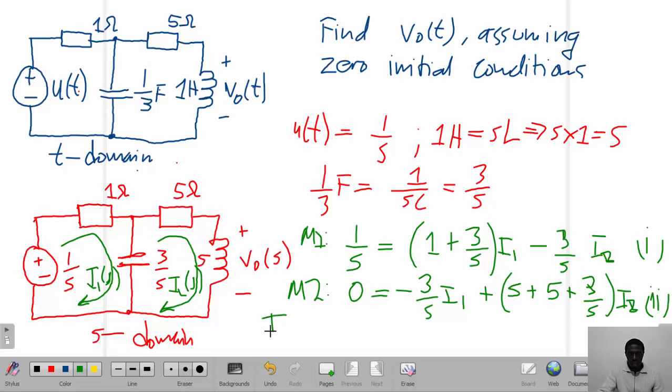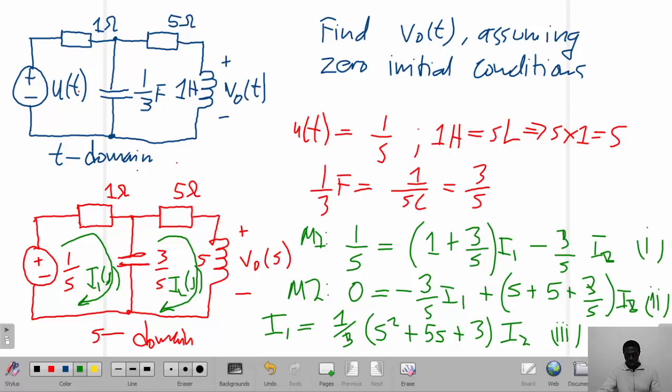We can say I1 is equal to 1 over 3, and this multiplied by S squared plus 5S plus 3, times I2. And we can consider this as equation 3.